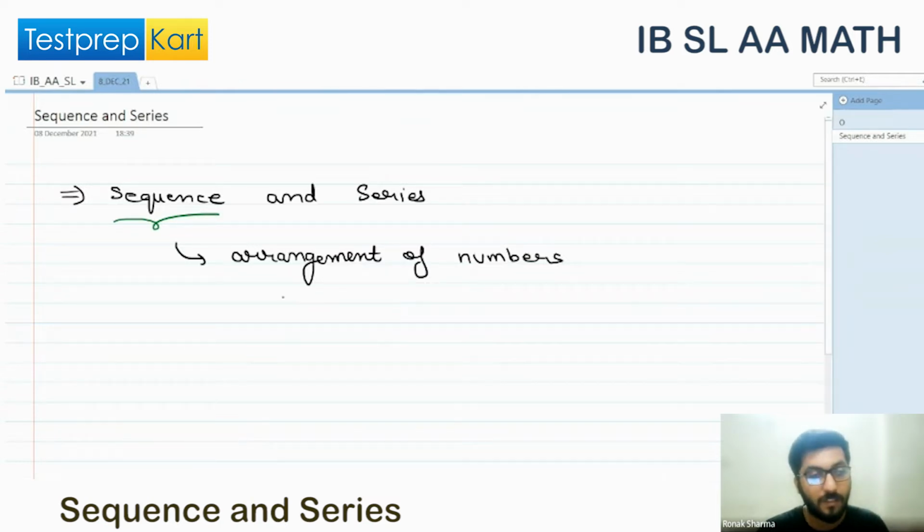Okay, an arrangement of numbers that is written in defined order.